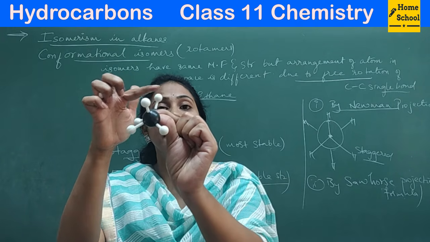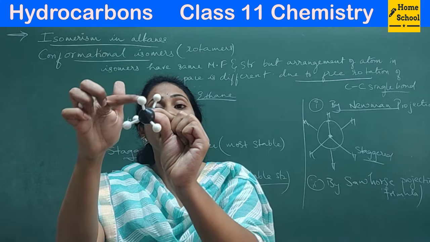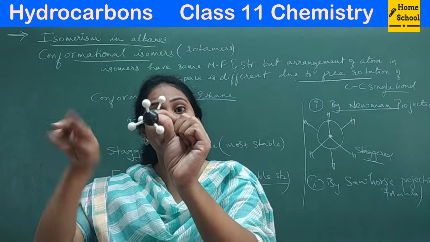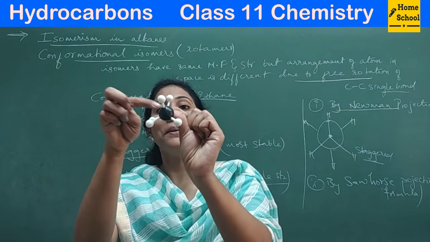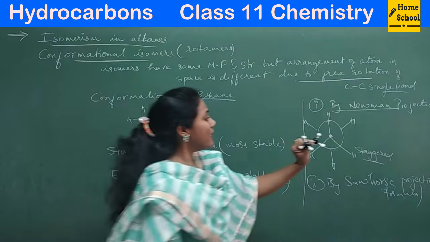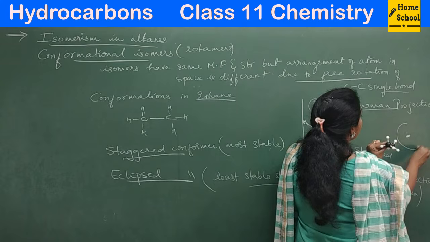They seem to be very near. If the bonds are very near, you will observe lots of repulsion, right? So more energy, less stable. So this conformer is called eclipsed conformer. So how do we represent eclipsed conformer? Same. This is front carbon. This is back carbon.